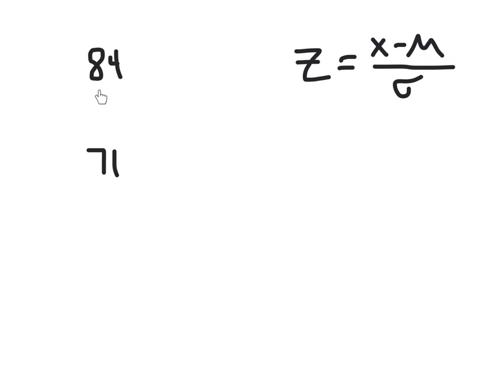This first student got an 84 on this test, and the second student got a 71 on a different test. Now, the person who got the 71 says, but our test was definitely harder. In fact, the teacher told us that our test was harder. So I wonder who actually did better in comparison.